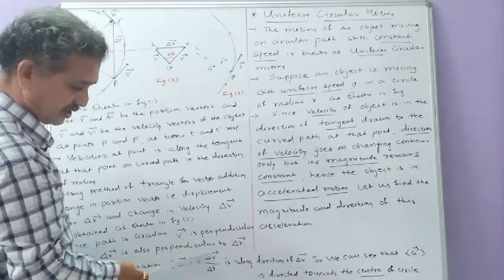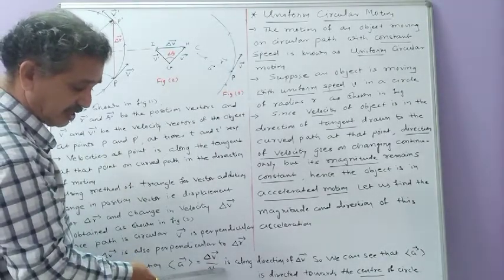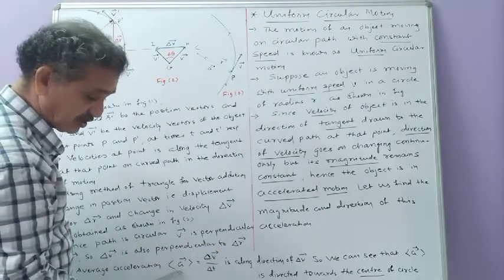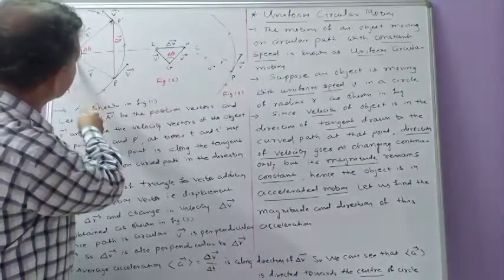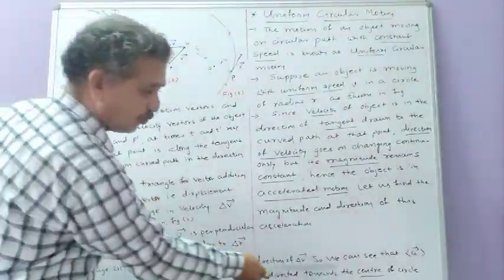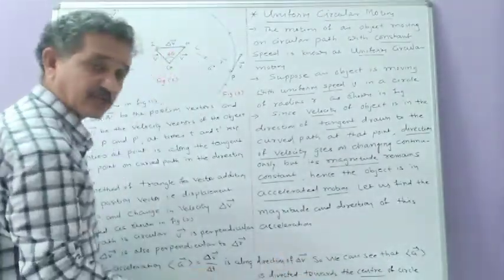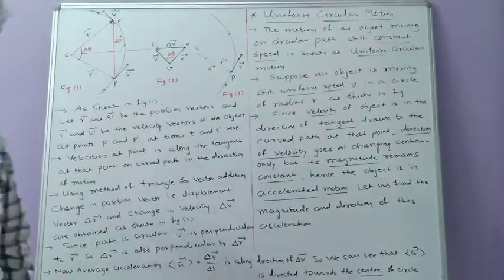So average acceleration is along the direction of delta V, and delta V is in the direction towards the center. So we can say that average acceleration is directed towards the center of the circle, and as it is directed towards the center of the circle, it is known as centripetal acceleration.